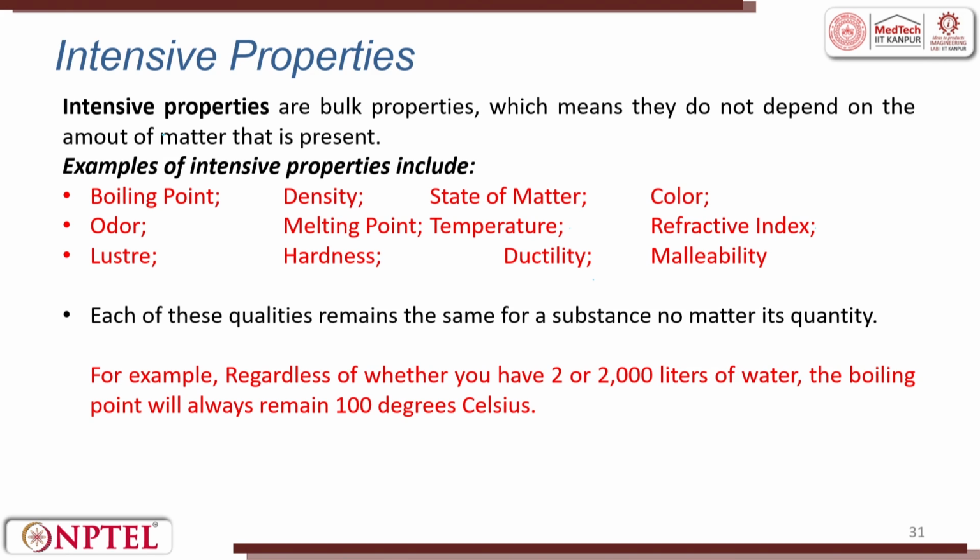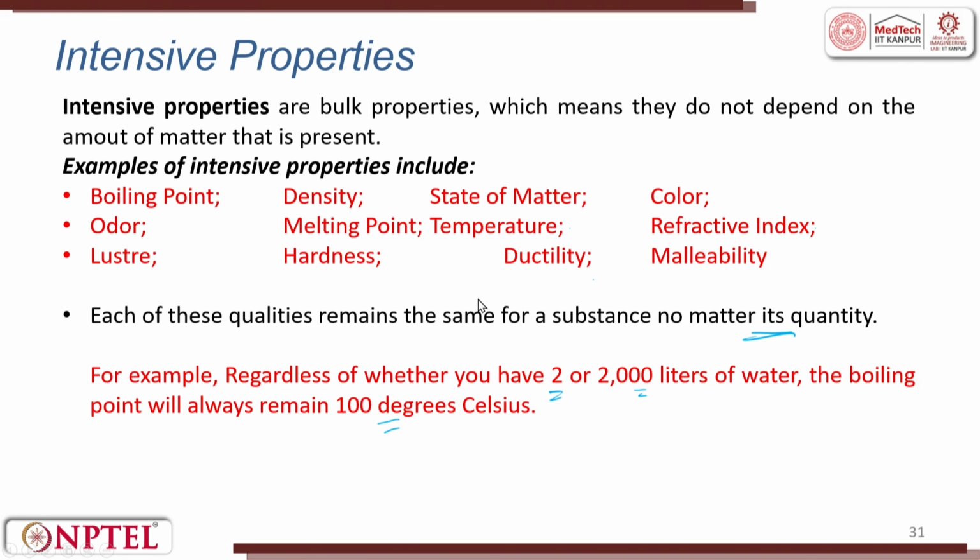All these things are intensive properties. Ductility of a given material means you can draw it into a wire. Malleability means you can draw it into a sheet. That does not depend upon the mass. So, that is what intensive properties are. Let it be 2 liters, let it be 20 liters, let it be 200 degrees Celsius, 100 degrees Celsius or 30 degrees Celsius, the boiling point will remain 100 degrees Celsius for a given item.